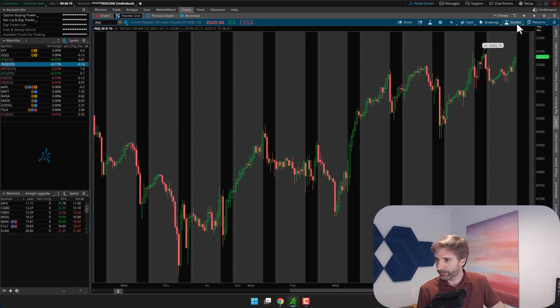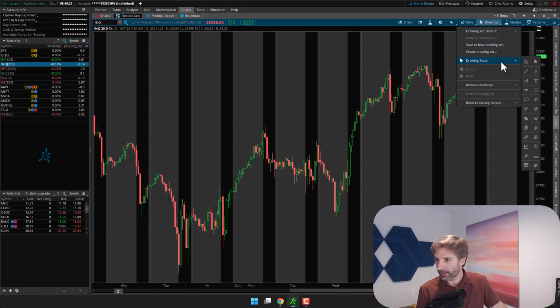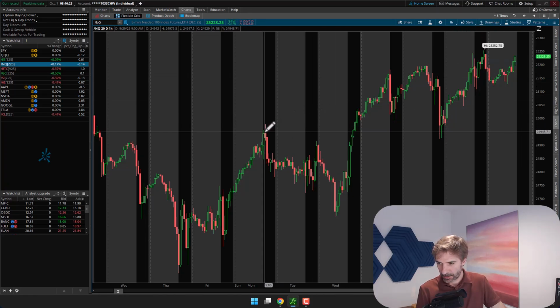So we can draw a line here and realize that this area got multiple touches, right? So this might be a buy opportunity if we get here.